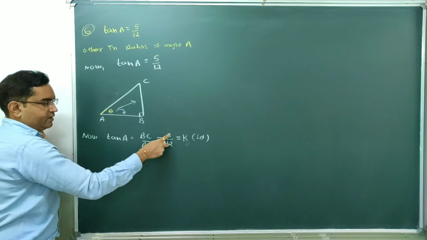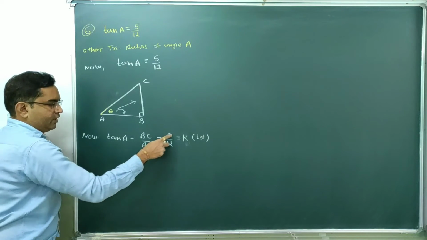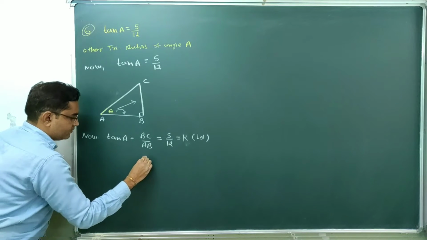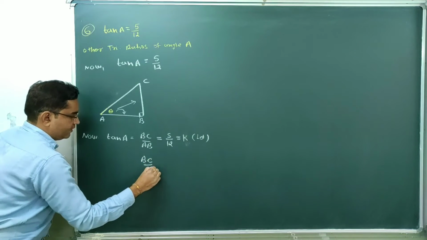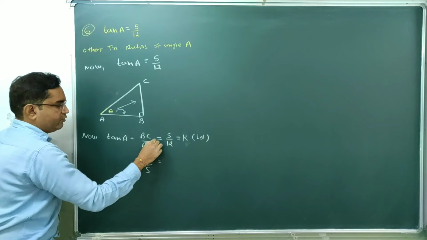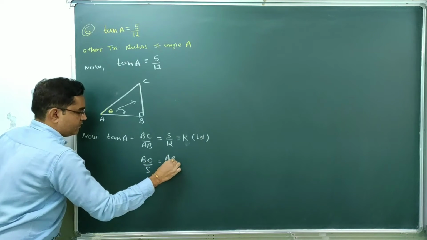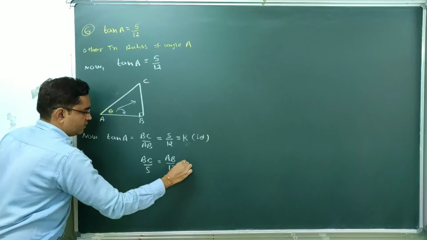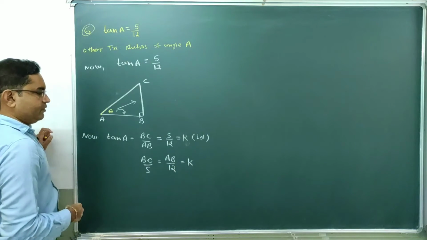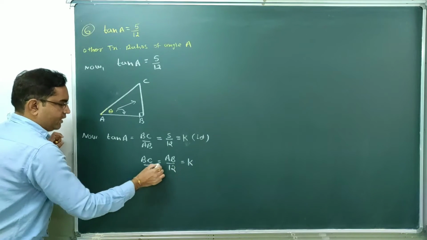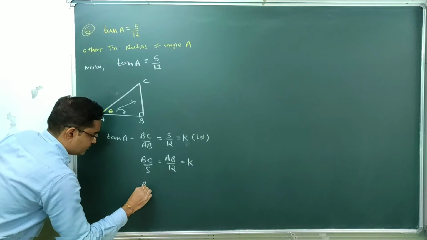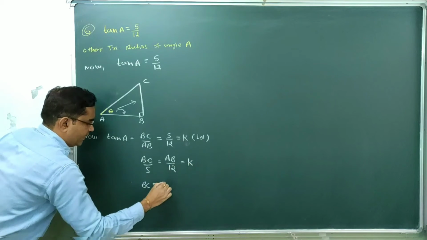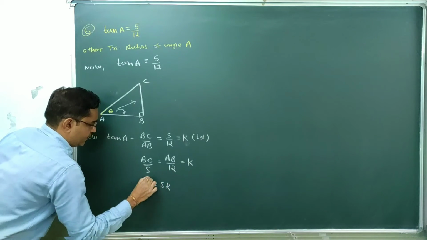Done? Now rearranging these terms, taking this 5 into denominator and this AB into numerator. So it will be BC upon 5 equal to, now AB will go into numerator, so it's a AB by 12, and this is equal to K. And therefore by comparing these three ratios, we are getting BC equal to 5 into K. So BC is 5K.